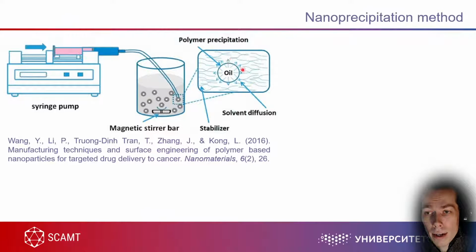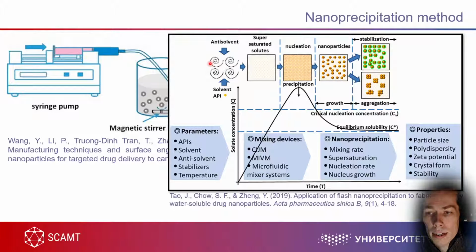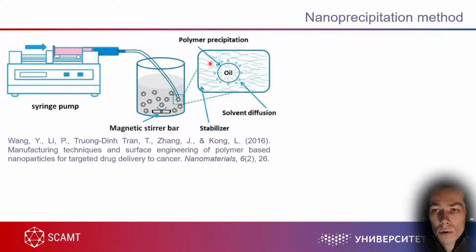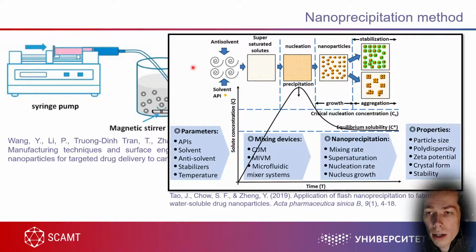By varying concentration, syringe pump speed, and stirring with a magnetic bar, you can adjust and control the size, distribution, and so on of these particles. So the polymer will precipitate on the border of this emulsion.